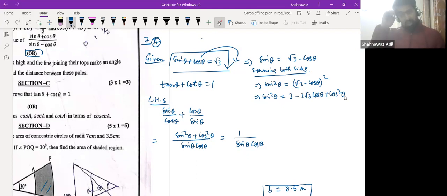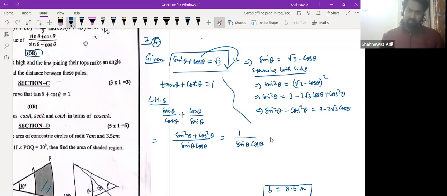Now what is the next step? If we take this thing to the other side, this is minus cos square theta, and this is equal to 3 minus 2 root 3 cos theta, right? This is what we will get.